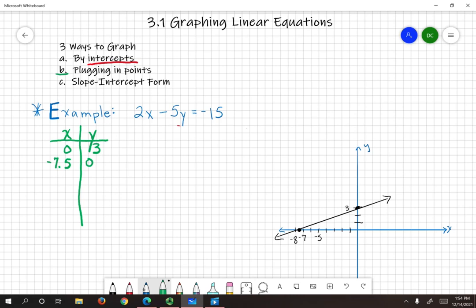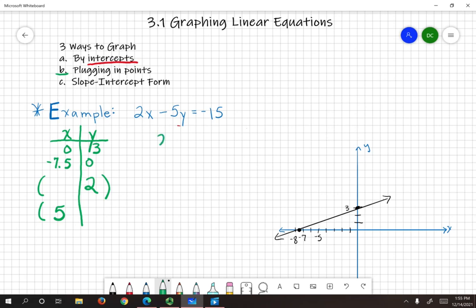Sometimes I take what the coefficient of X is and plug it in for Y and try and figure out what X is. Sometimes I take the coefficient of Y and plug it in and see what happens there. So let's do that.